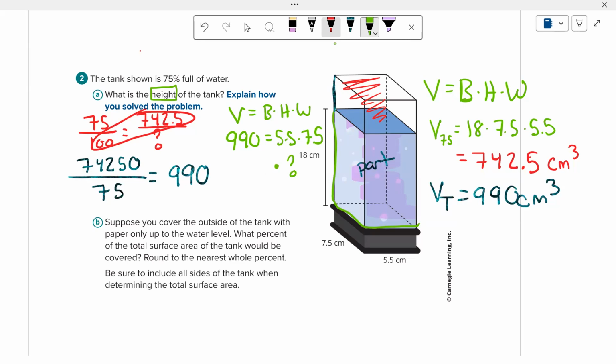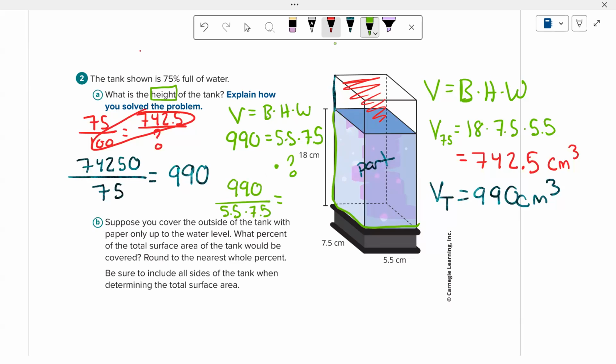So how do we do this math? We can just multiply and then divide. So 990 divided by 5.5 times 7.5. That will give our answer. Oh, my calculator did some weird stuff.